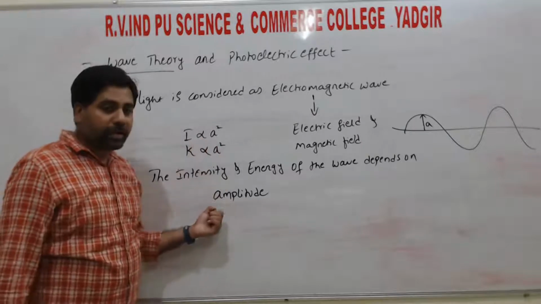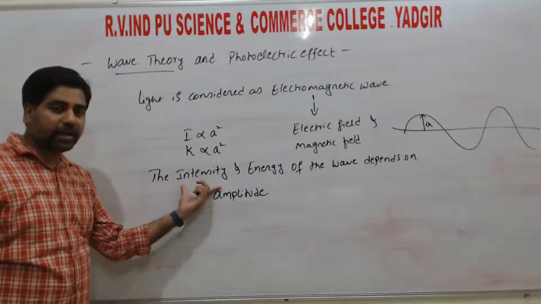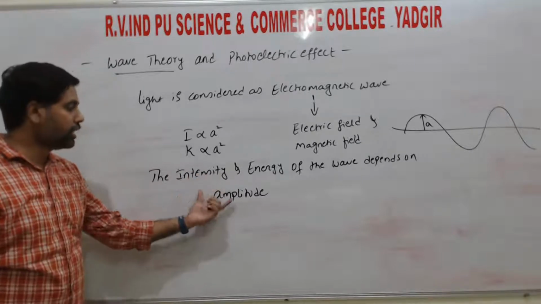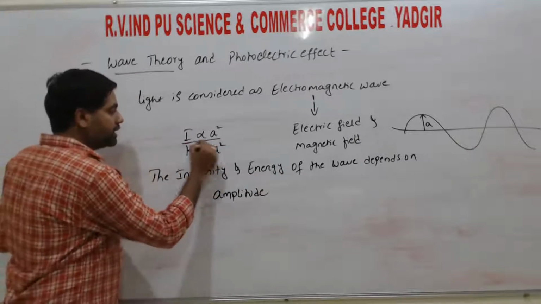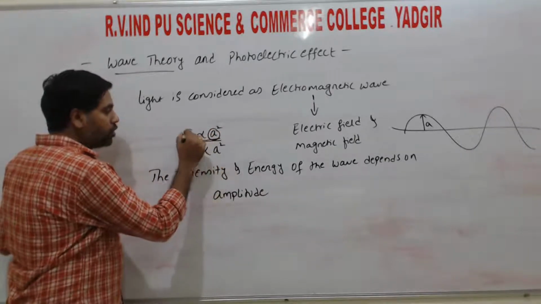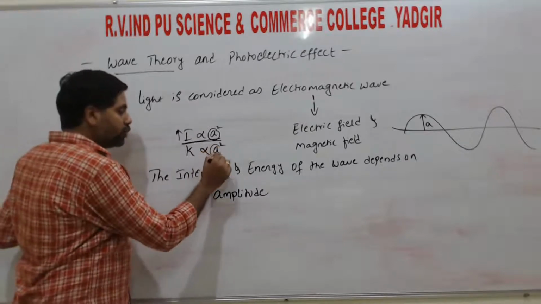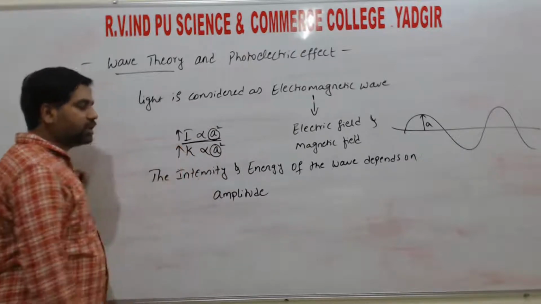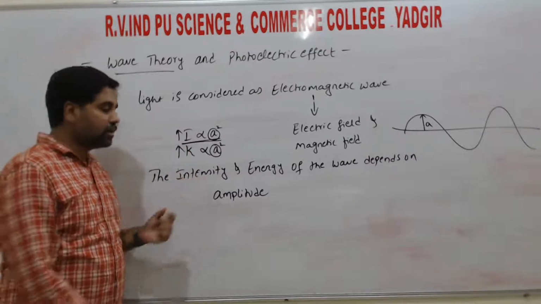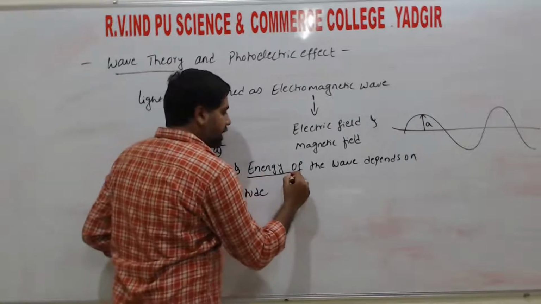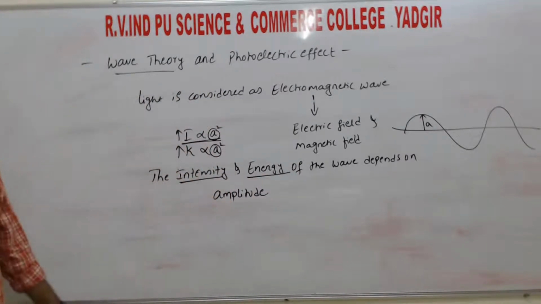So from the wave theory, if the amplitude is more, then the intensity increases, and if the amplitude is more, its kinetic energy is also more. So in wave theory, the intensity and energy of the wave depend on the main factor, that is the amplitude.